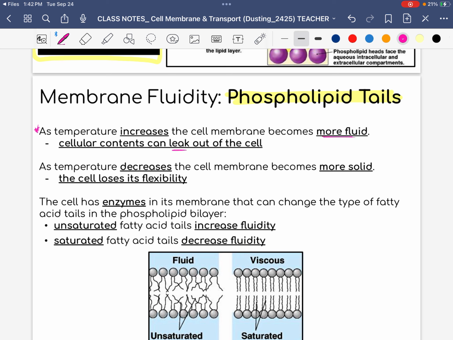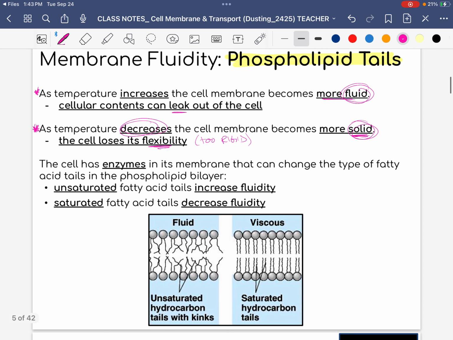On the opposite side, as the temperature decreases, the membrane becomes too solid, and then it loses its flexibility. It's too rigid, and it needs to be flexible. So we can't have it lose its flexibility. The problem is that with increasing temperatures, it becomes too fluid, and with decreasing temperatures, it becomes too solid and not flexible enough.